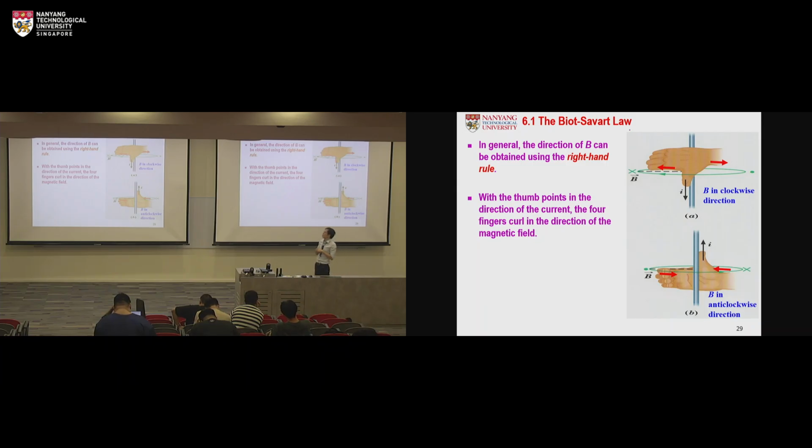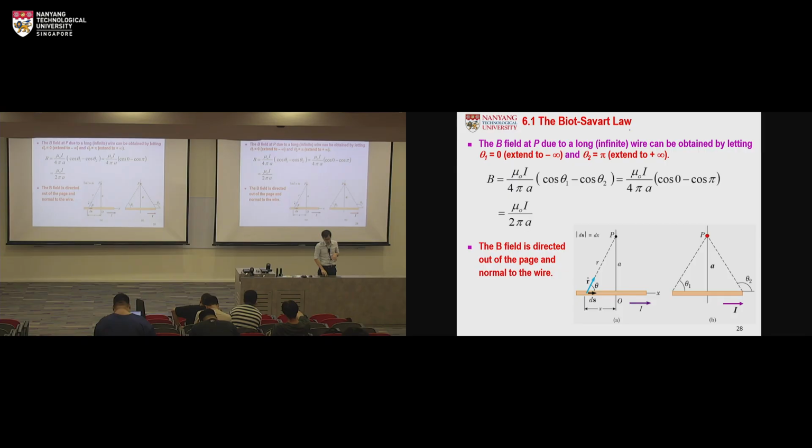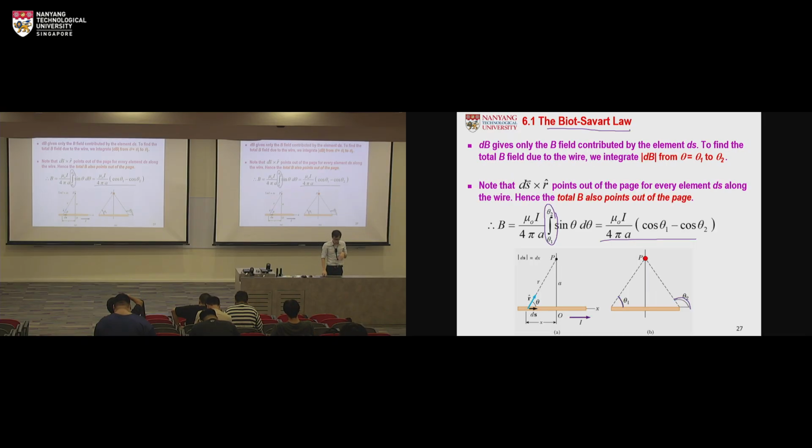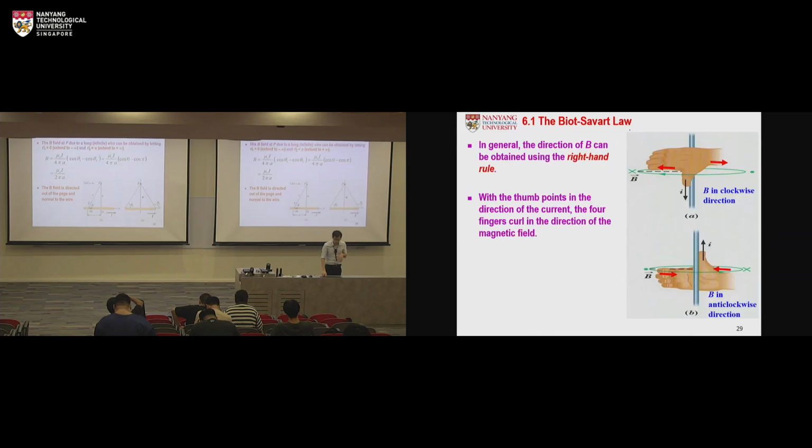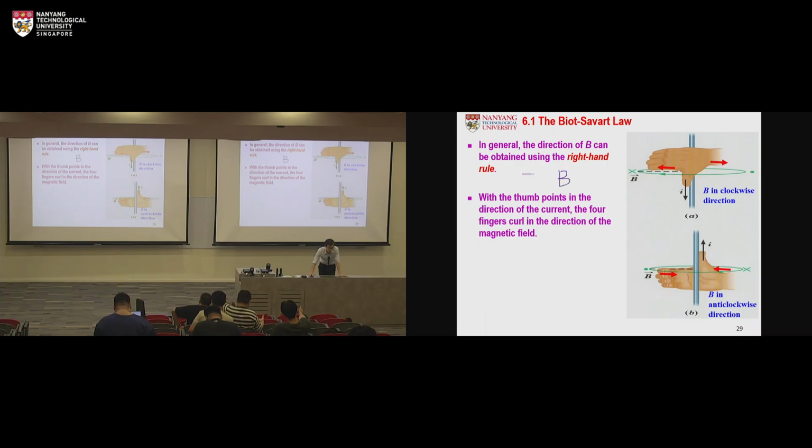Okay, so one more point is about this direction. Here, this just gives you the magnitude of B. And the way we determine the direction of this B, then we have another kind of right-hand rule.